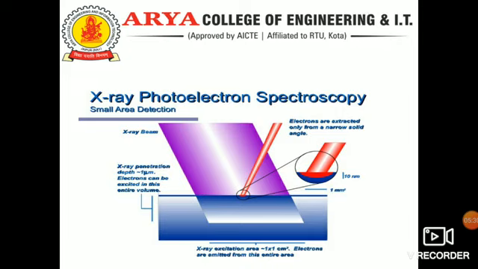Electrons are extracted only from a narrow solid angle, and electrons are emitted from the entire area where the X-ray beam falls.